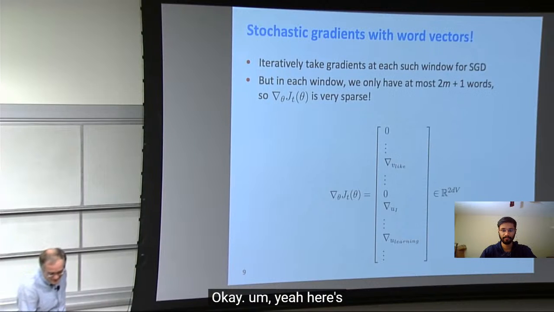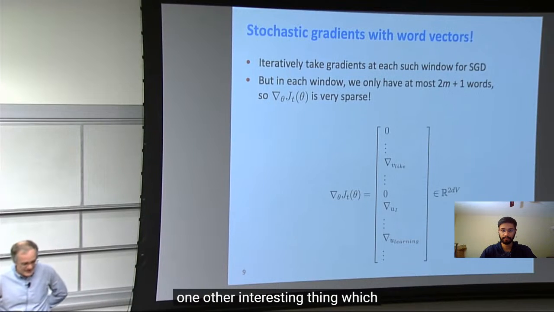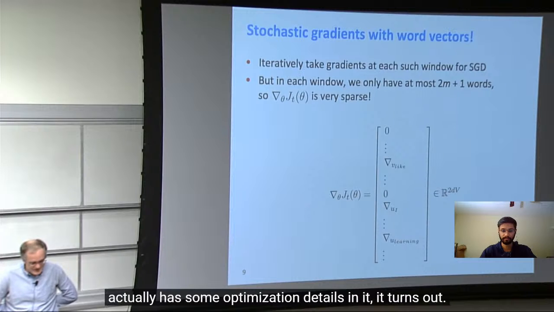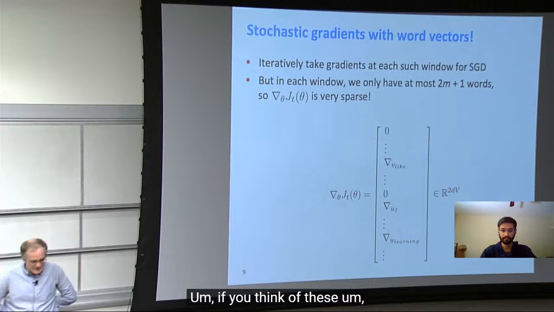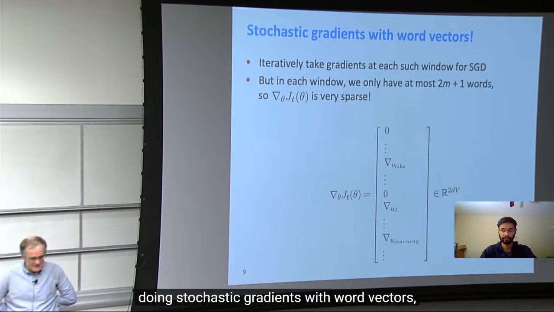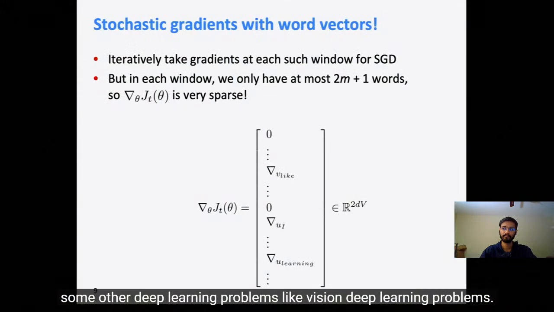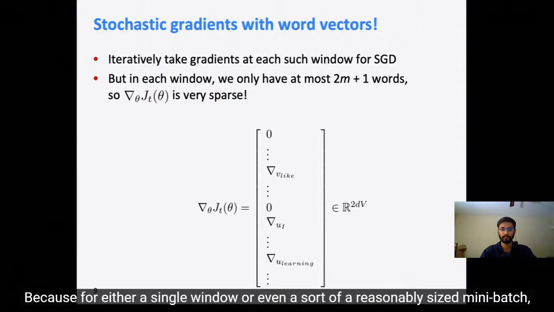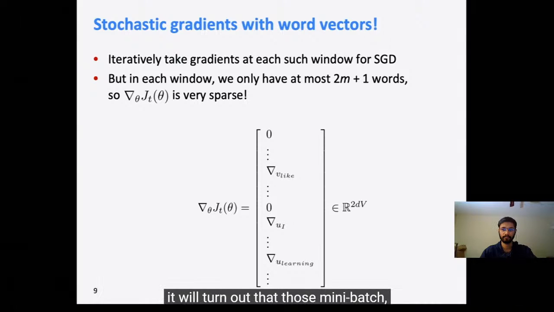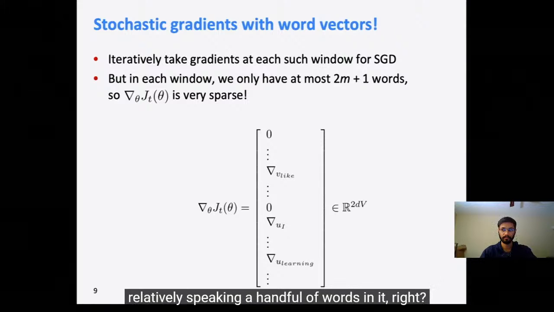Okay, here's one other interesting thing which actually has some optimization details in it. If you think of these as doing stochastic gradients with word vectors, that's actually very different to some other deep learning problems like vision, because for either a single window or even a reasonably sized mini batch, that mini batch only has, relatively speaking, a handful of words in it.